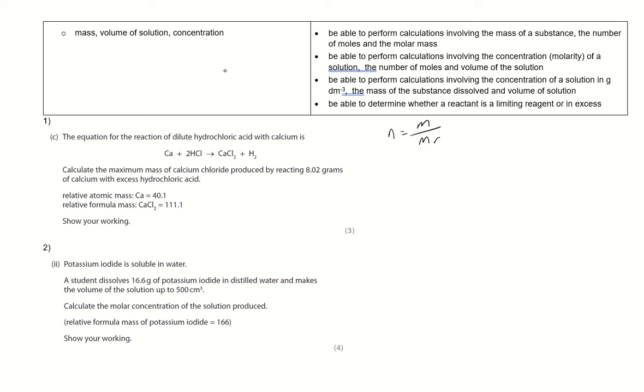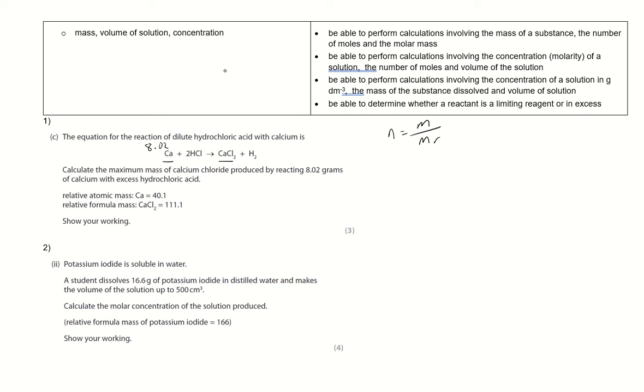Right, so calculate the maximum mass of calcium chloride, this stuff, that can be produced by reacting 8.02 grams of calcium across here with an excess of hydrochloric acid. So I don't need to worry about that, got as much as I need. But I've got 8.02 grams of calcium there.